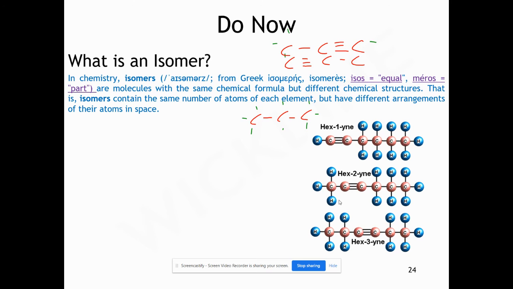So here's an example of why there's so many isomers, okay? And again, we would say 1-hexyne. We wouldn't put the 1 in the middle, but this is hexyne because it's got a triple bond. Okay? It's got the same number of hydrogens, same number of carbons. It's just where the triple bond moves to.